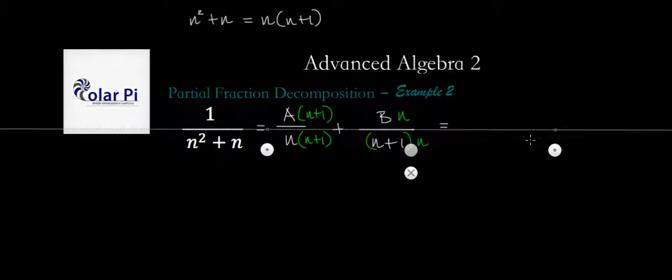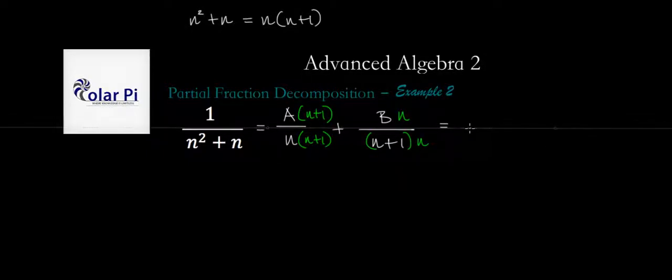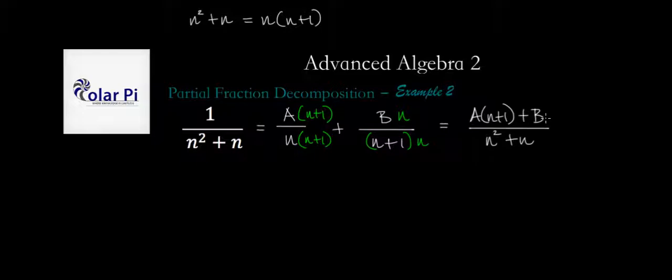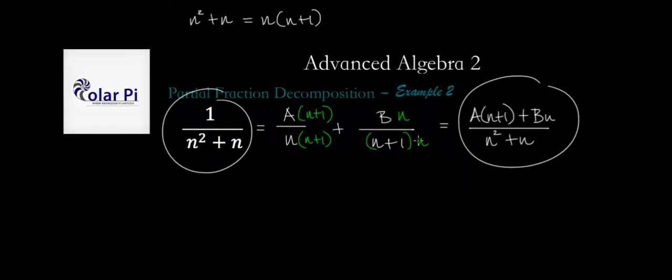And so we have a division sign and n squared plus n, right? And then our numerator is a times n plus 1, and then plus b times n. All right, now we need this to equal this, and this was our bridge intermediate step, right?